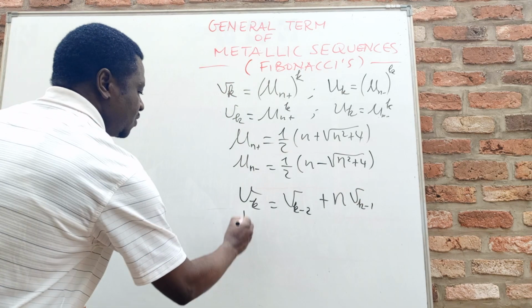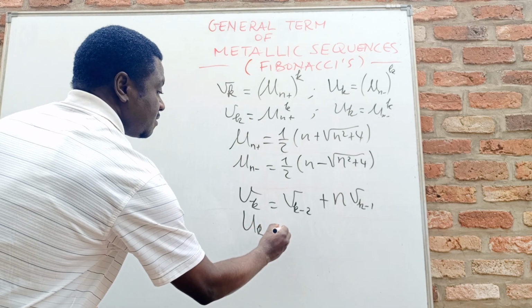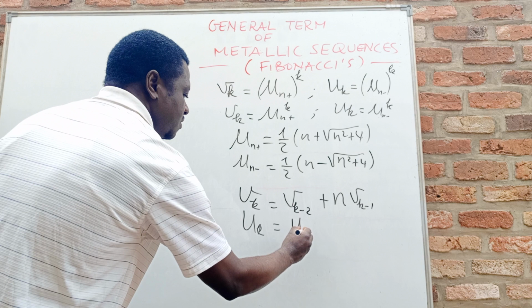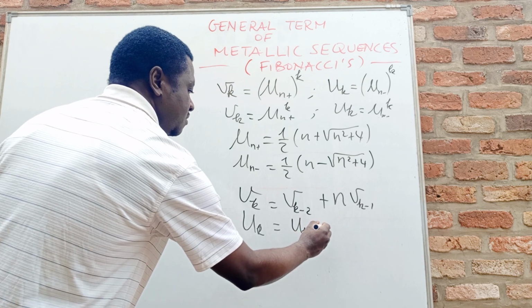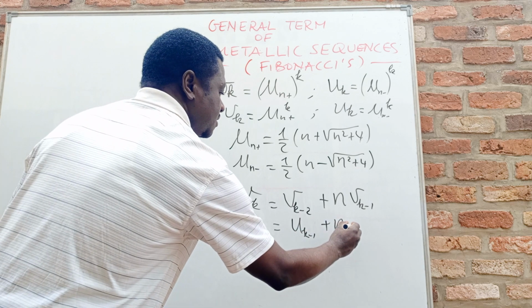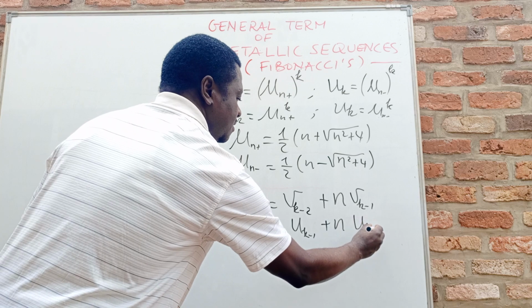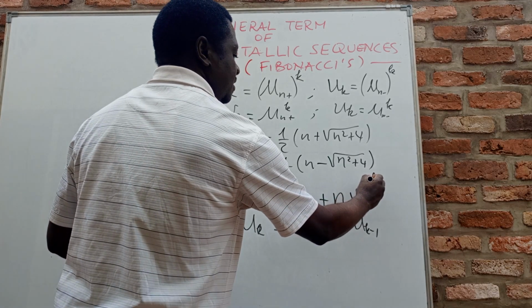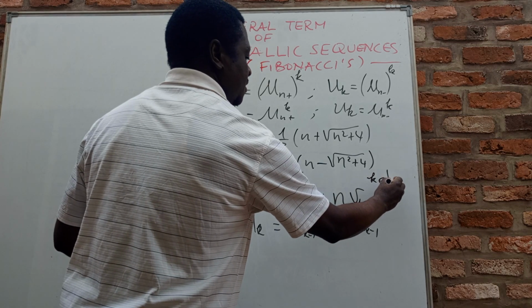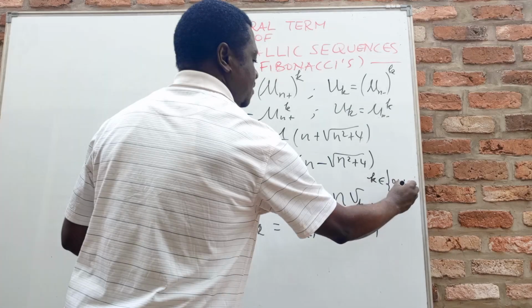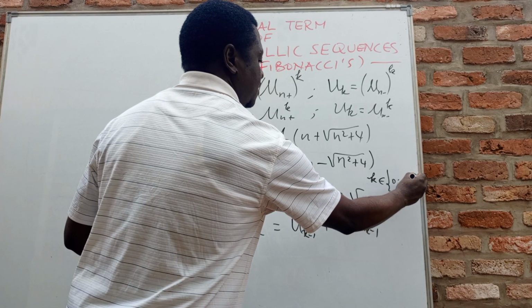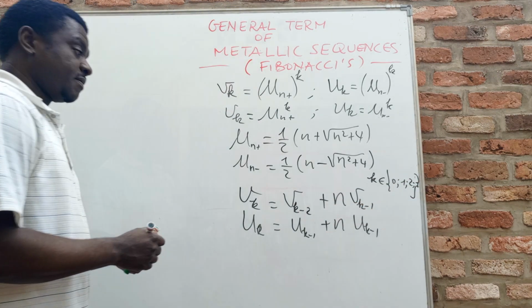So Uk also verifies the relation Uk equals n times Uk minus 1 plus Uk minus 2, for some indexing k which belongs to the set of natural numbers, and so on and so forth.